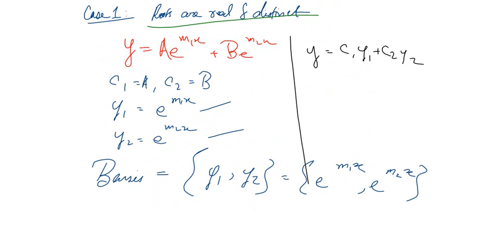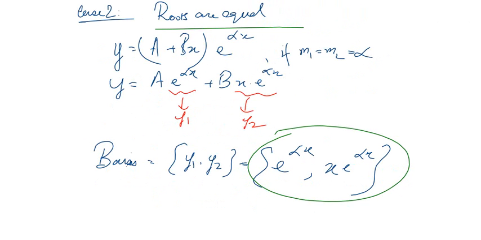So y in case of real and distinct roots is a e to the power m1x plus b e to the power m2x. By comparison from this general solution, it is easy to find that y1 is equal to e to the power m1x and y2 is equal to e to the power m2x. So the basis would be y1 and y2, which is e to the power m1x and e to the power m2x.